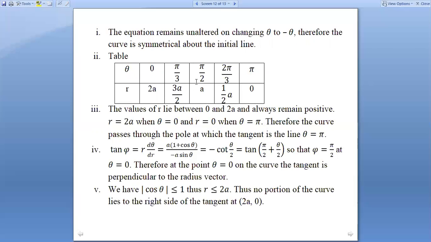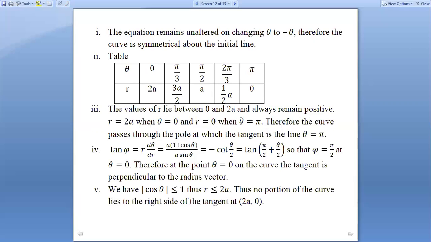Next at pi by 2, cos pi by 2 is 0, so you have r is equal to a, and at 2 pi by 3 it is half a, and at pi, cos pi is minus 1, so 1 minus 1 is 0, therefore you have r is equal to 0. So between 0 to pi, we have r taking the values from 0 to 2a, and these are always positive. When theta is equal to 0, r is 2a, and when theta is equal to pi, you have r is equal to 0.